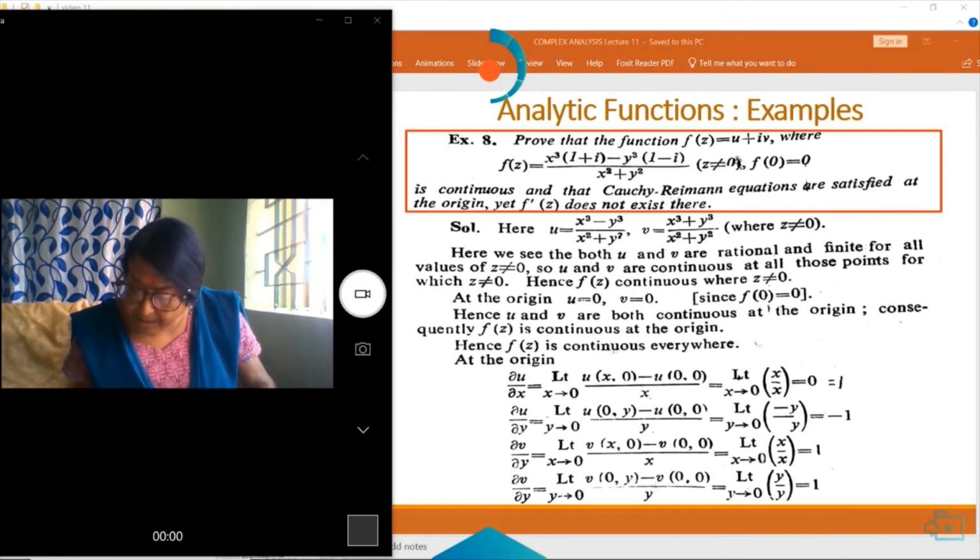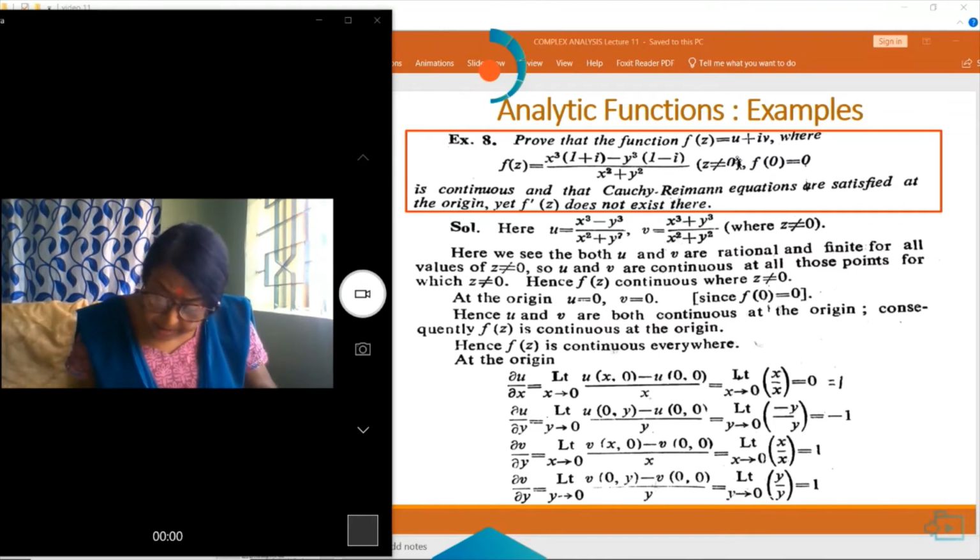So ∂u/∂x, ∂u/∂y, ∂v/∂x and ∂v/∂y are calculated as shown. Here ∂u/∂x is equal to ∂v/∂y and ∂u/∂y is equal to minus ∂v/∂x. Hence the Cauchy-Riemann equation is satisfied.